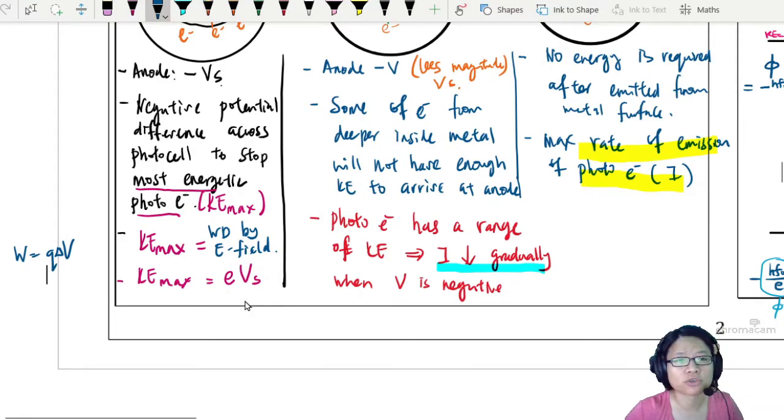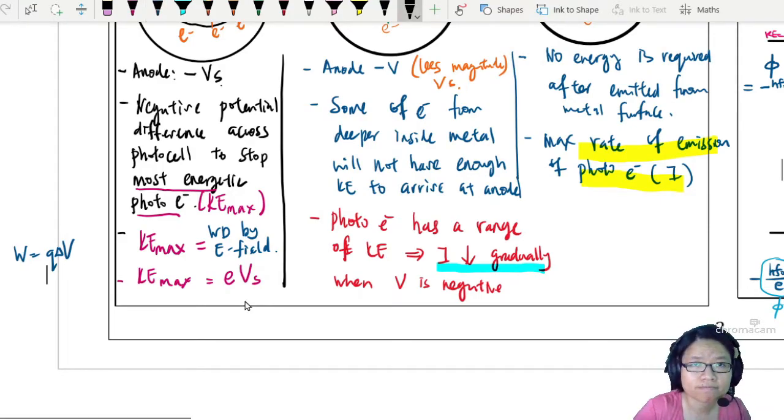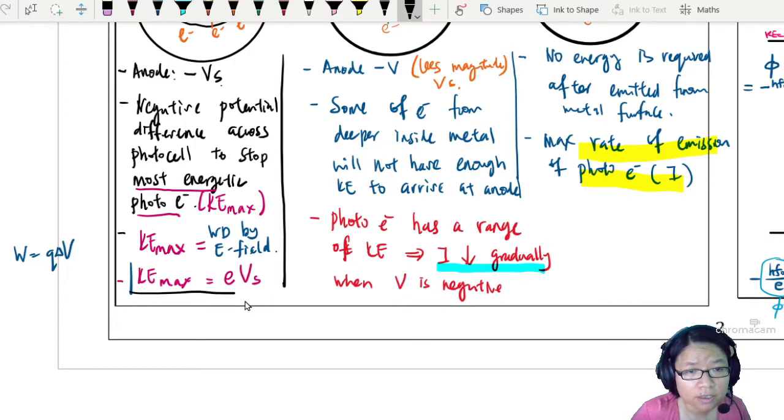Of course this Ke max you can write as half mv squared, and the m here will be the mass of the electron, but I will not write that down, because at this point Ke is half mv squared should be at your fingertips. So I'm just going to highlight this one.